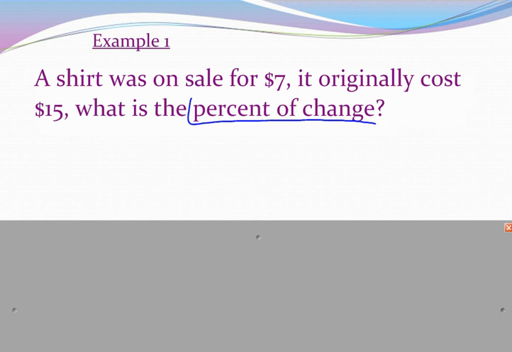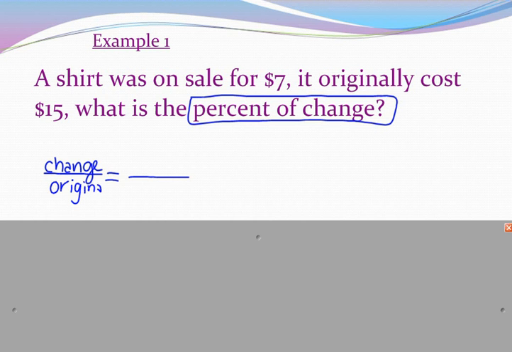That means that we're going to be using that setup I've been talking about, change over original equals percent over 100. And step 1 said to tell whether it's an increase or a decrease. So if we had a shirt that's on sale for $7, it originally cost $15, well, it went down in price, so we're dealing with a decrease.